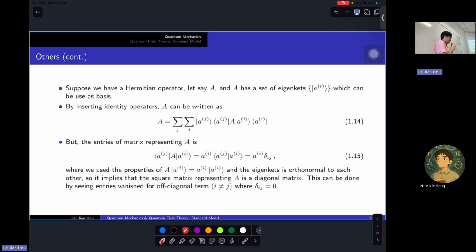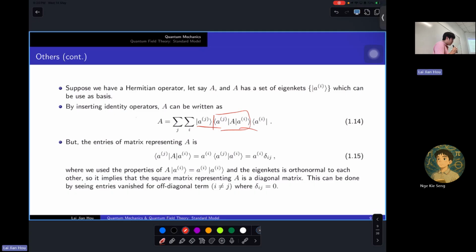When this Hermitian operator uses its eigenkets as a basis, we want to find the form of the matrix of the Hermitian operator in this basis, by inserting the identity operators at both ends. So these will be the entries of the matrix representation we want to put in.